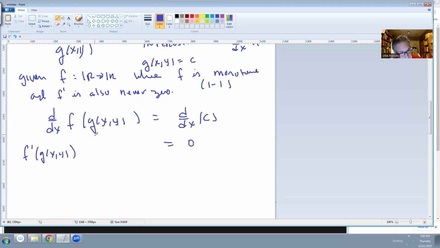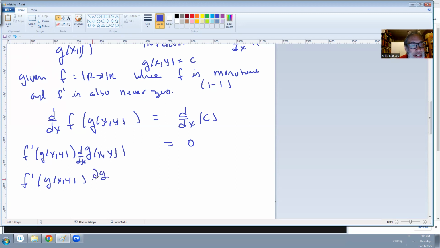And then you'd have the chain rule version of this. I'll write a d dx of g of x, y. So you have f prime of g of x, y, and then you take the derivative of g with respect to x.